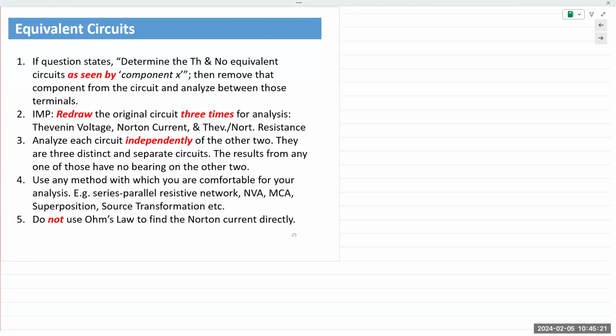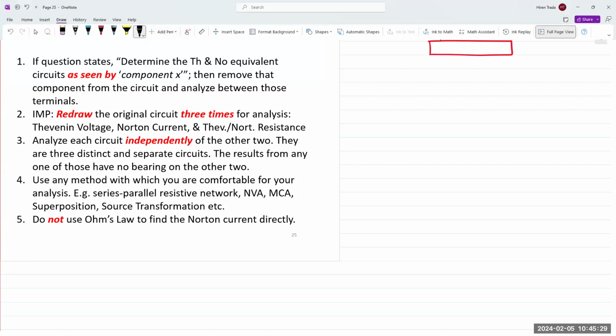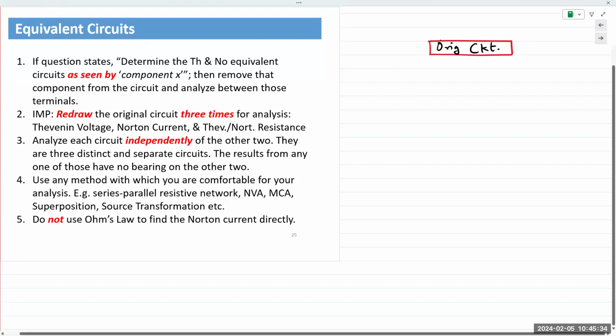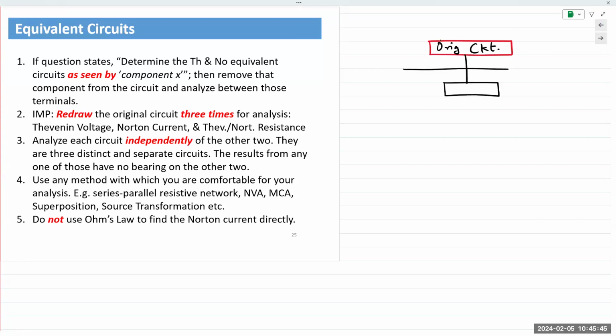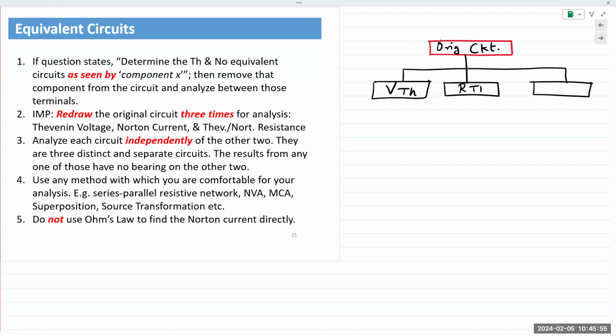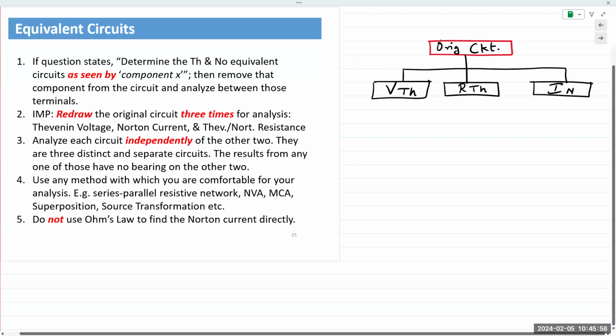You would take the original circuit, CKT, by the way, is my acronym for circuit, and you would analyze it 3 times: Thevenin voltage, Thevenin resistance, and Norton current.